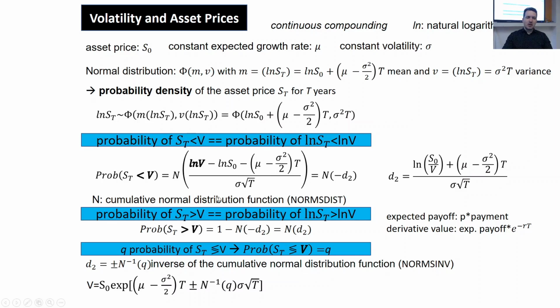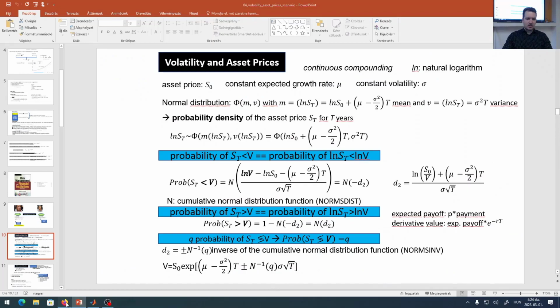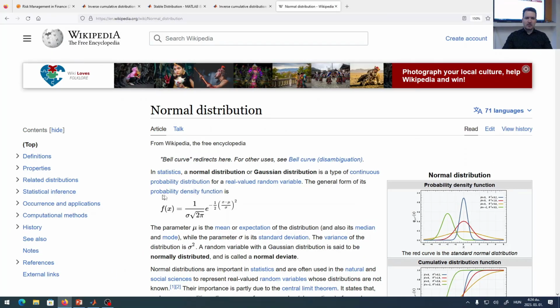So this is how we can define what is the probability of this one. So this is when we are talking about cumulative normal distribution function, and yeah, this is the density.